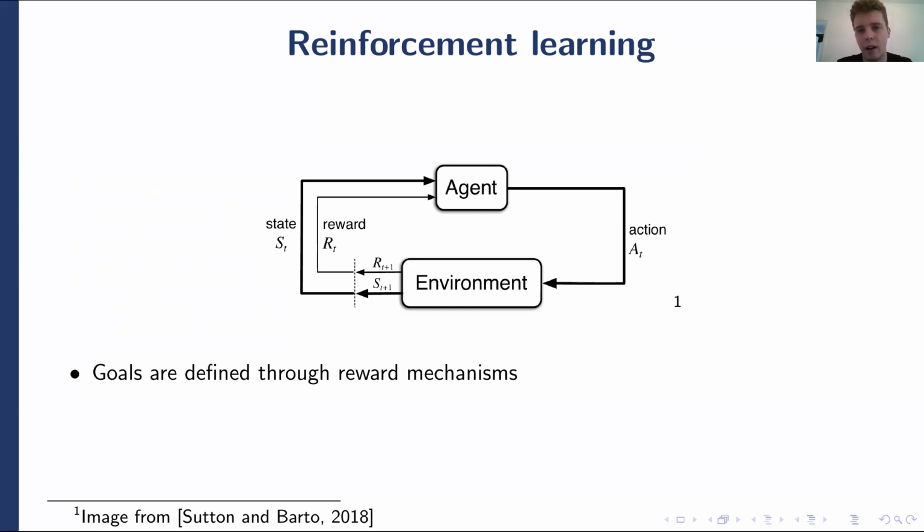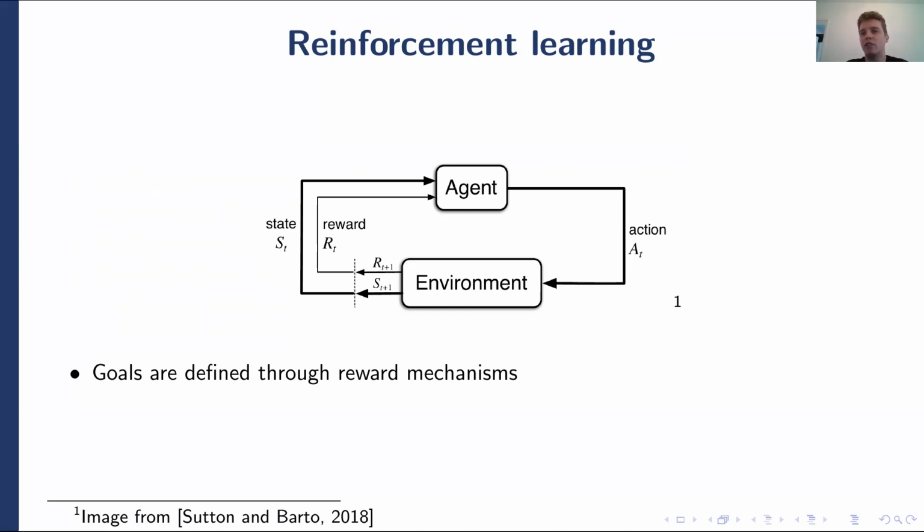So let me step back a moment and finally define what reinforcement learning is. Reinforcement learning is the study of the interaction between an agent and an environment. You can think of the agent as, for example, a robot, or you can even make an analogy between an agent and a person.